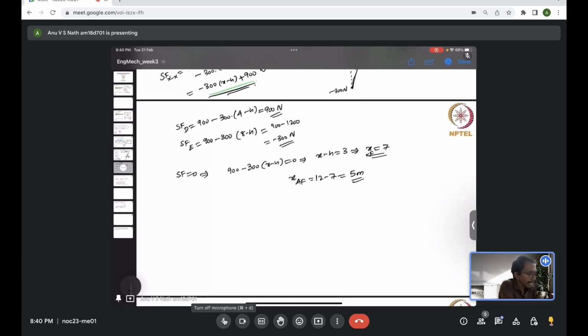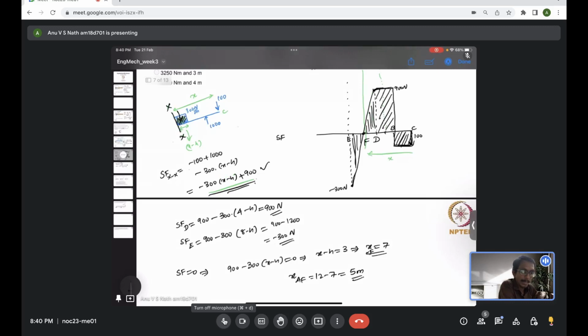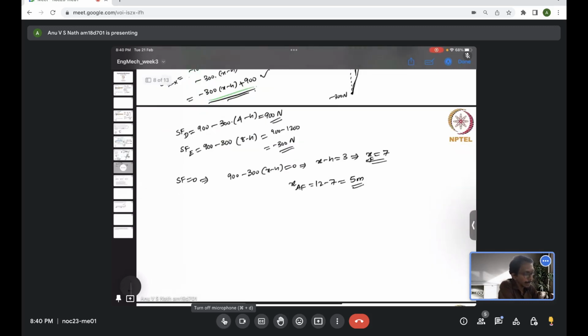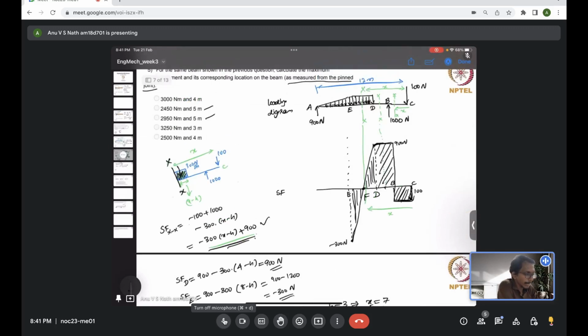In the interest of time, I will just skip that. I'll just evaluate the bending moment at the location F, which is the maximum bending moment. So M_F, or BM_F, the bending moment at the location F. Like I did for the shear force diagram, I will be following from the right side.